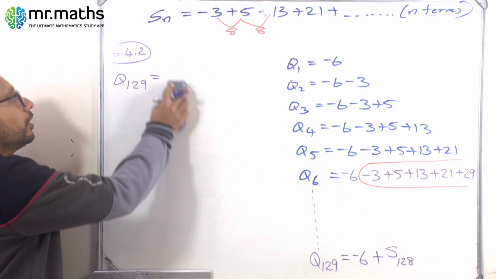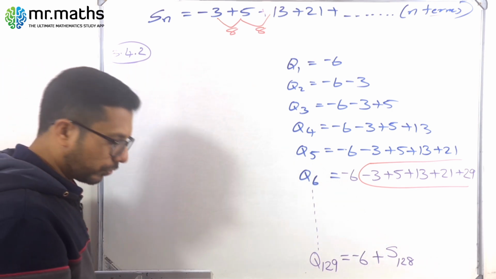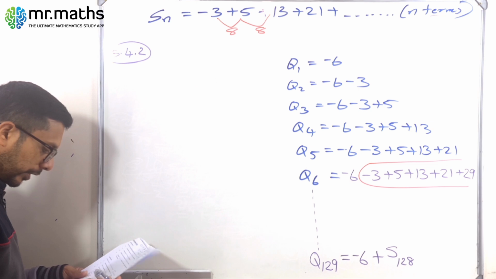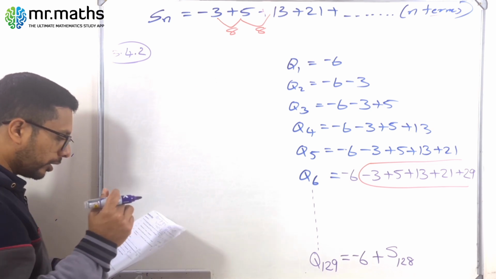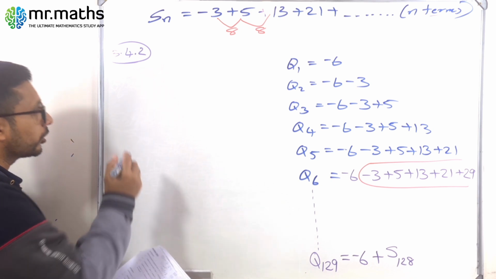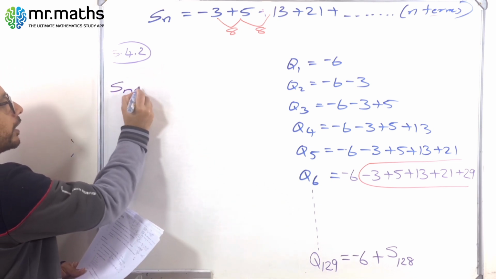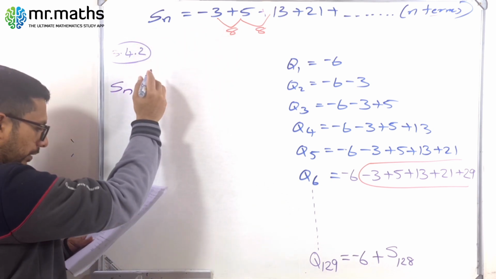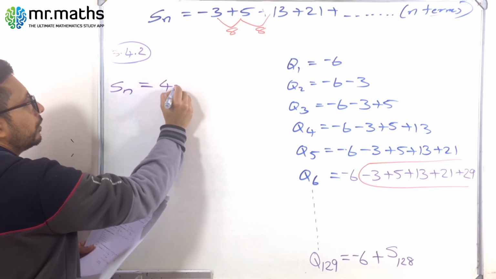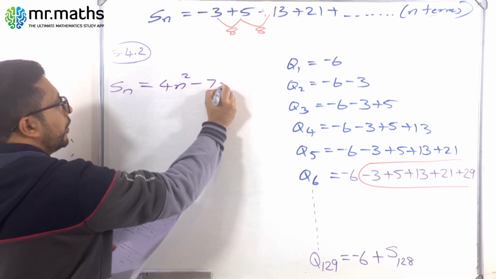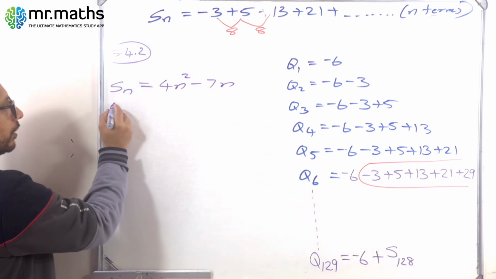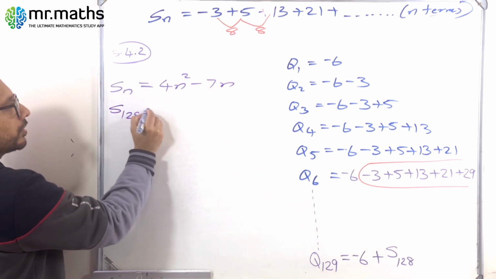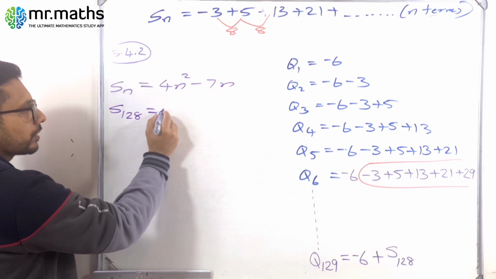In the previous question we already got an expression for Sn. What is that expression for Sn? Look at question number 3.3. We got an expression for Sn. What is that one? 4n square minus 7n. So how can I find S128? S128 is equal to, I can substitute the value of n as 128.